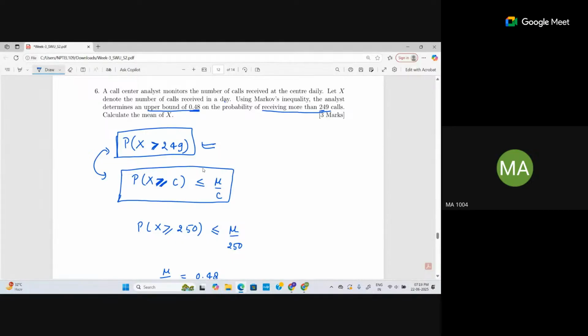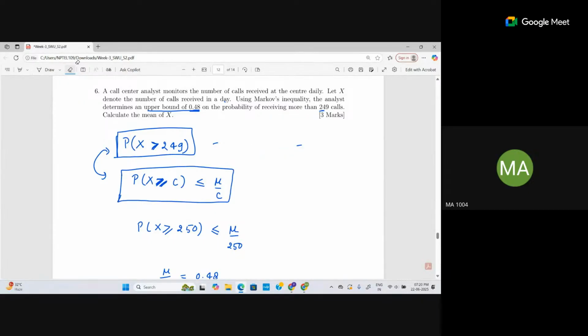So we can write it as x is greater than or equal to 250, because more than 249 calls means 250 or more than 250. Now we have converted it according to Markov's inequality, and we can directly use it. Yes, ma'am. Clear.